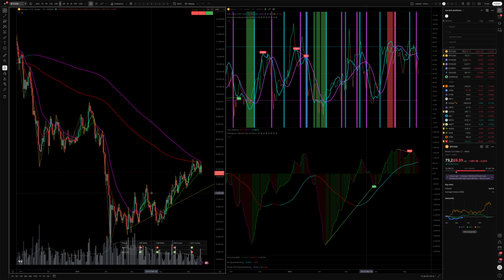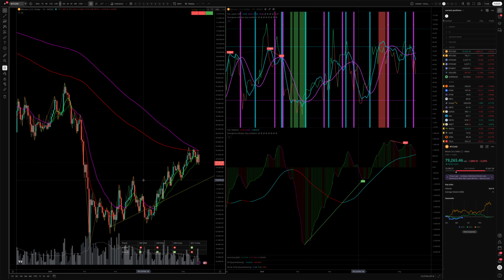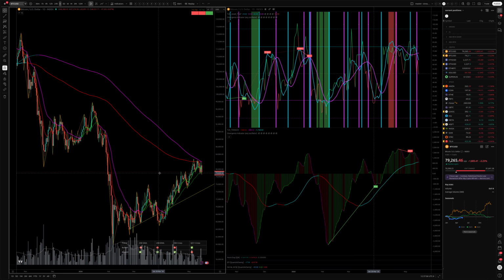If we are looking at that, the other thing is, just when I first turned the screen on, I kind of noticed the potential for this to look like a bit of a triangle. I wouldn't say it's a super clean triangle, but you do have higher lows here, and you could draw your flat here, about here at 75,000, and it looks like it got the breakout, the bounce, and then continuation.